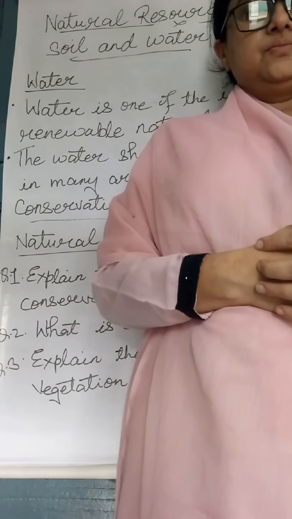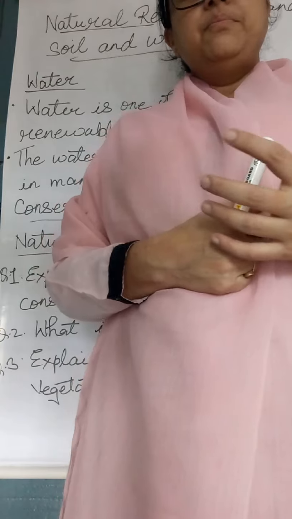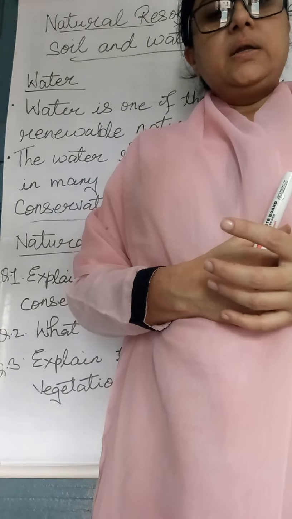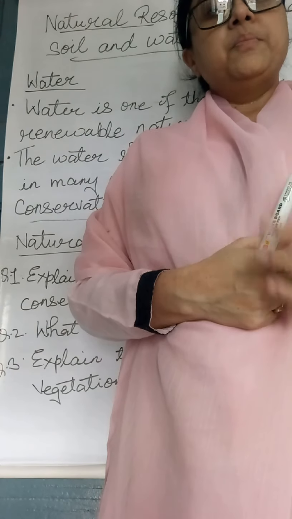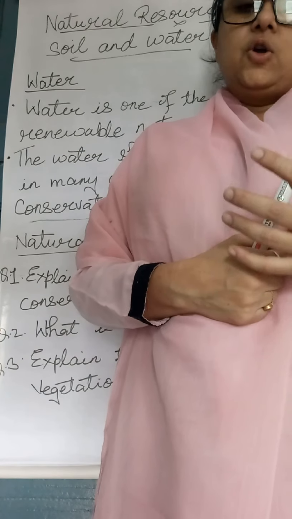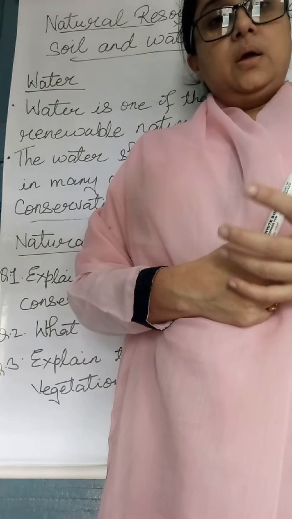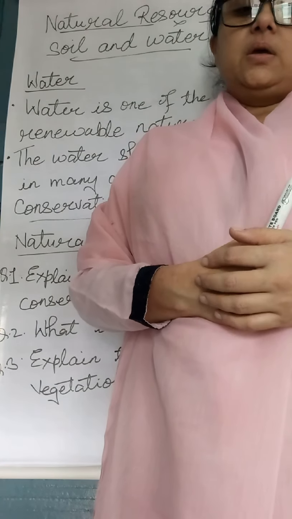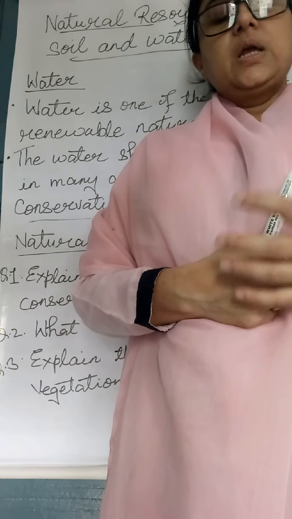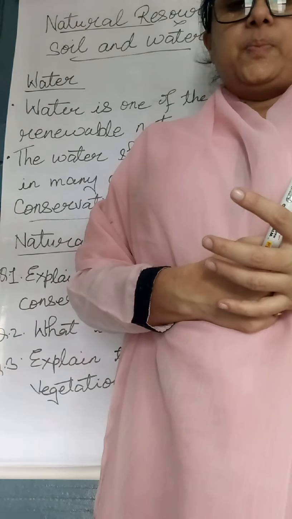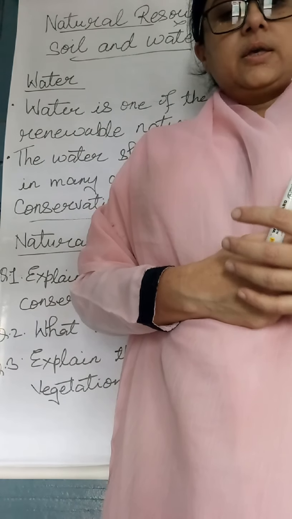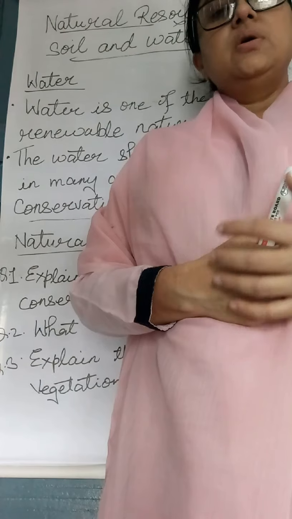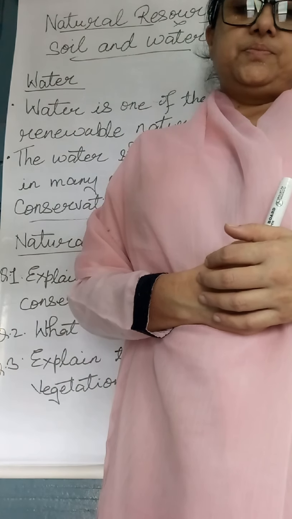Industrial use. Industrial water may be recycled and used for cleaning and cooling the machines. Domestic use. In domestic use, wastage of water should be avoided. Taps should not be unnecessarily kept on and the water should not flow continuously.